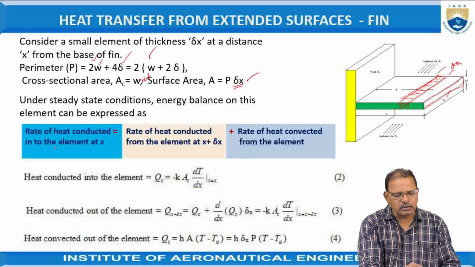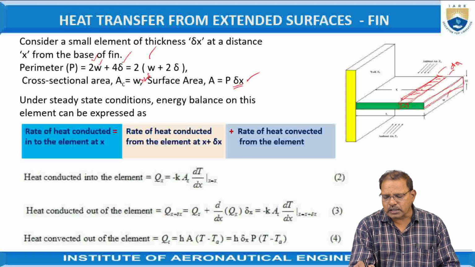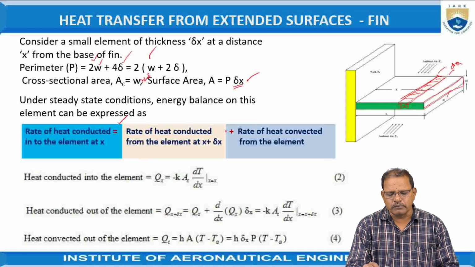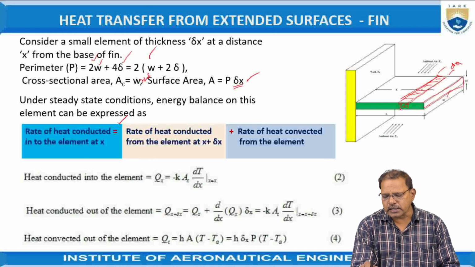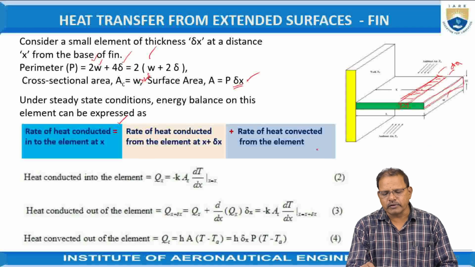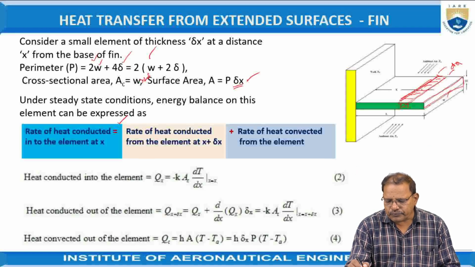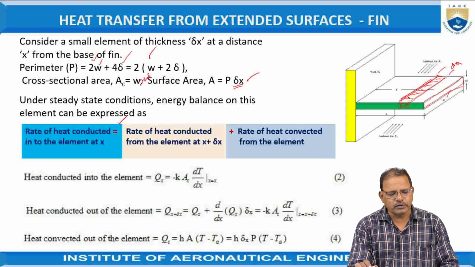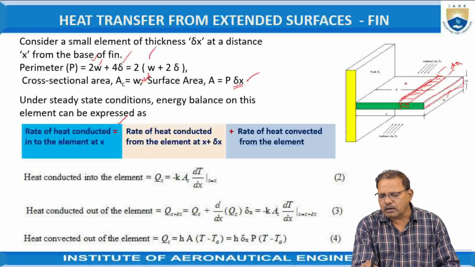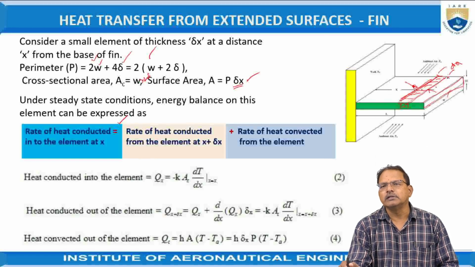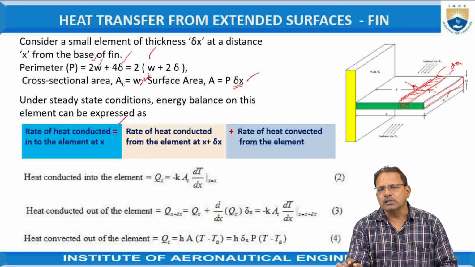So the rate of heat conducted into the element at x is equal to the rate of heat conducted from the element at x plus delta x, plus the rate of heat convected from the element. The energy flowing in at this point should equal the energy coming out of this element by conduction plus the energy dissipated by convection.